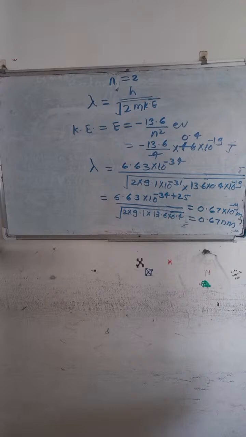The ground state energy of the hydrogen atom is 13.6 electron volt.